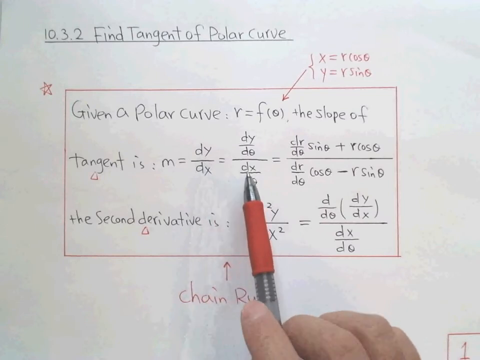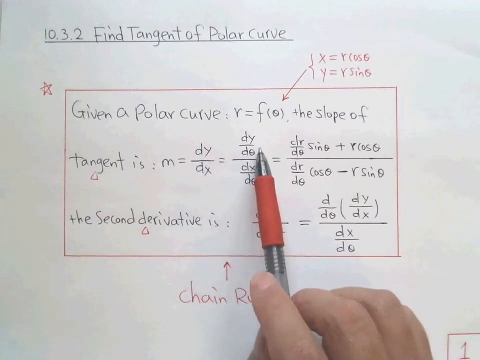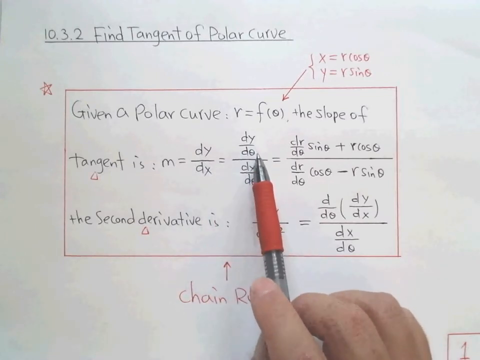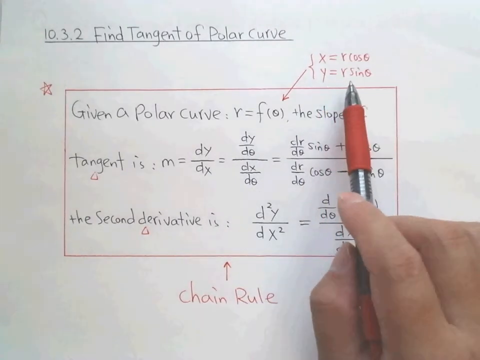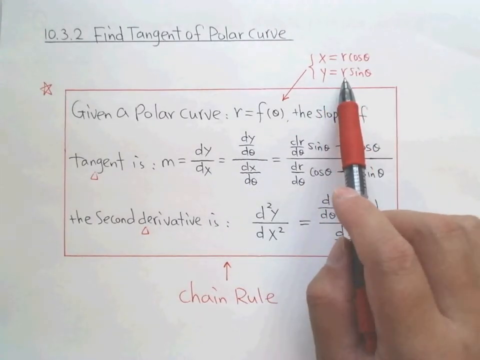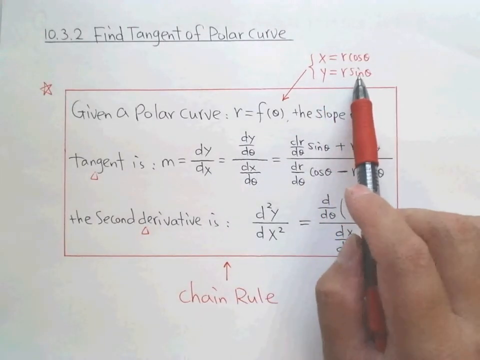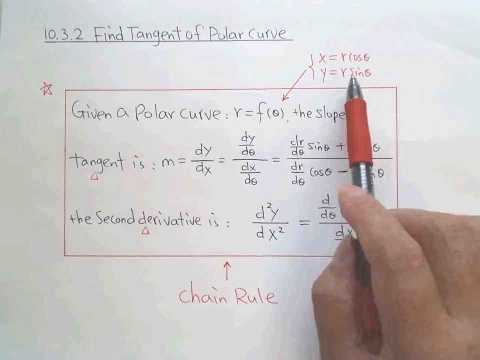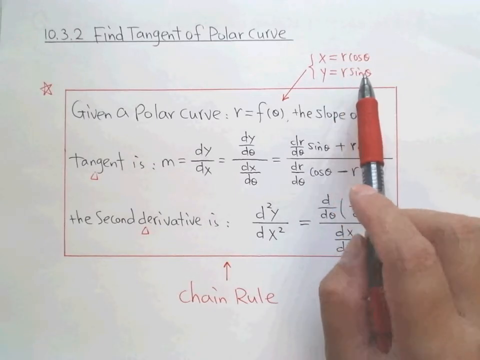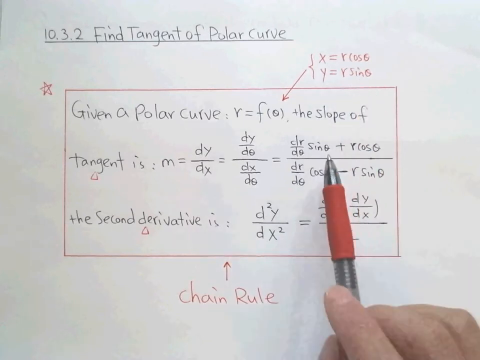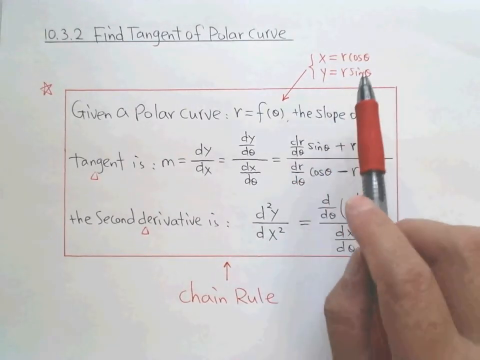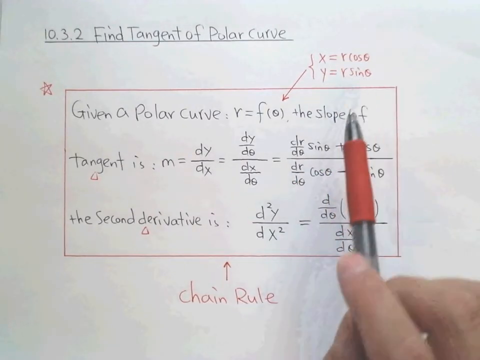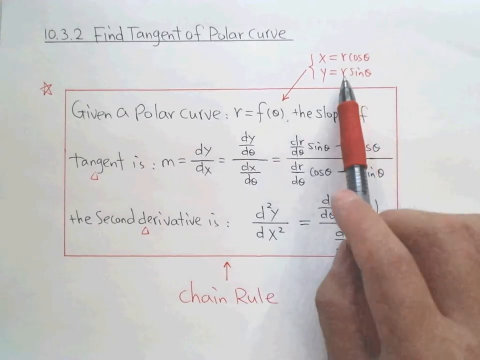And then for the numerator, how do we find dy/d theta? The equation is here: r is a function of theta, sine theta is also a function, and for a function times a function, the derivative uses the product rule. We get the derivative of r times sine theta, plus r times the derivative of sine, right?